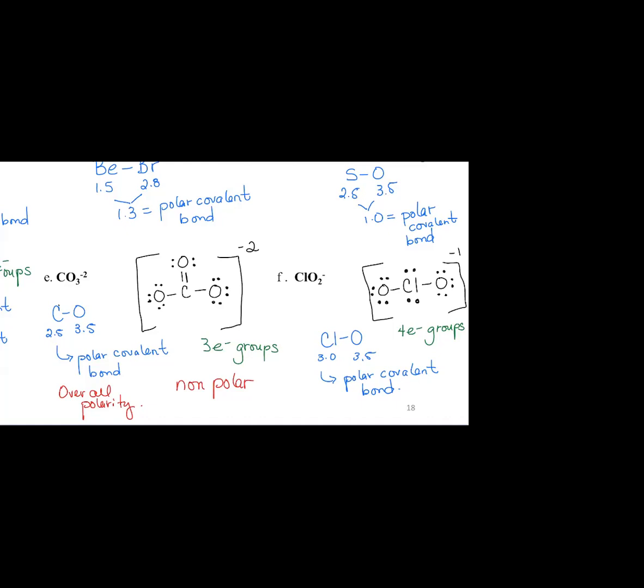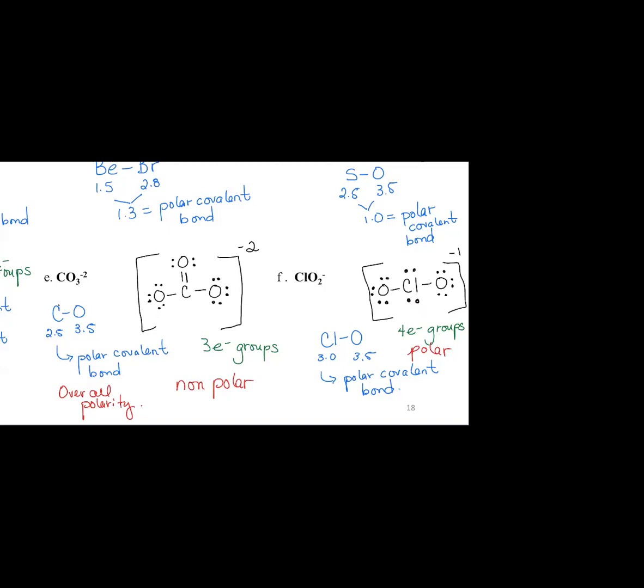Let's look at F, 4 electron groups, something that is tetrahedral. For chlorite, is that molecule polar or nonpolar? Great job. This is polar because for tetrahedral, I need 4 identical groups, and I don't have 4 identical groups around chlorine.